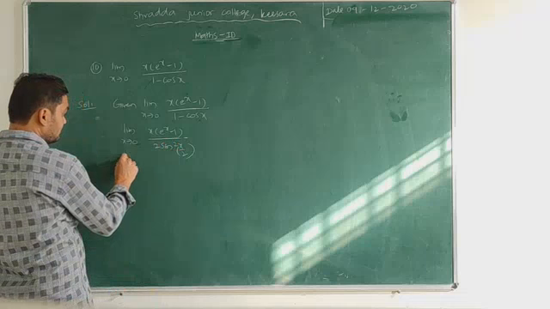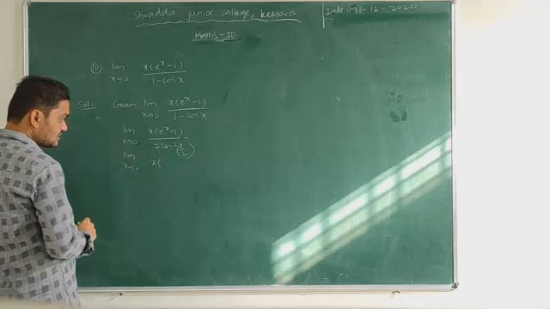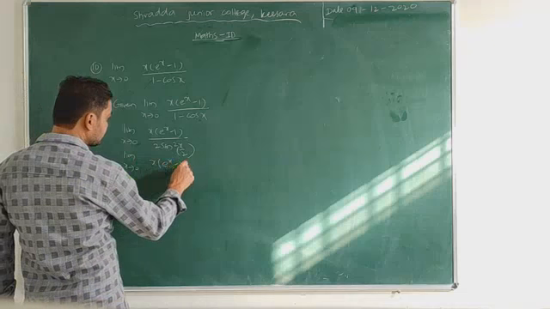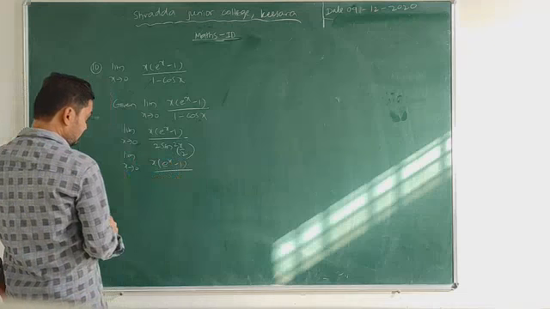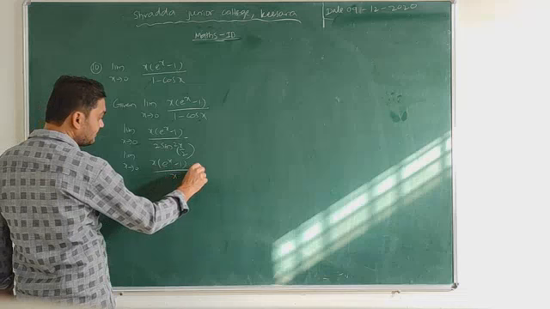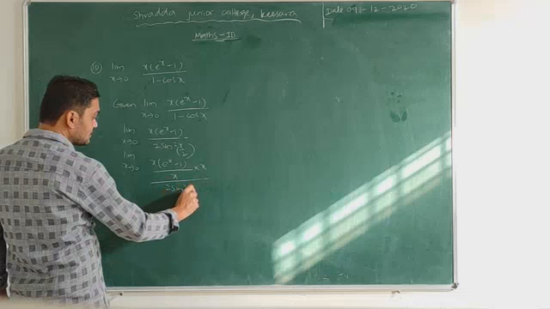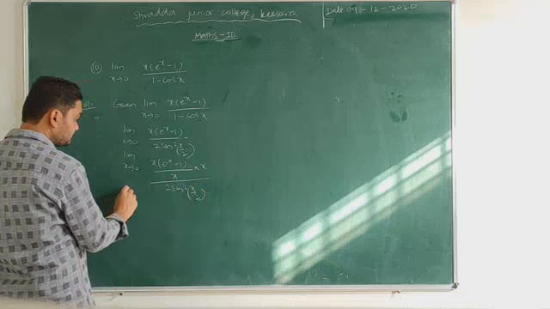Now here, the numerator x into e power x minus 1, this is multiplying and dividing with 1. So then what? 2 sin square x by 2.